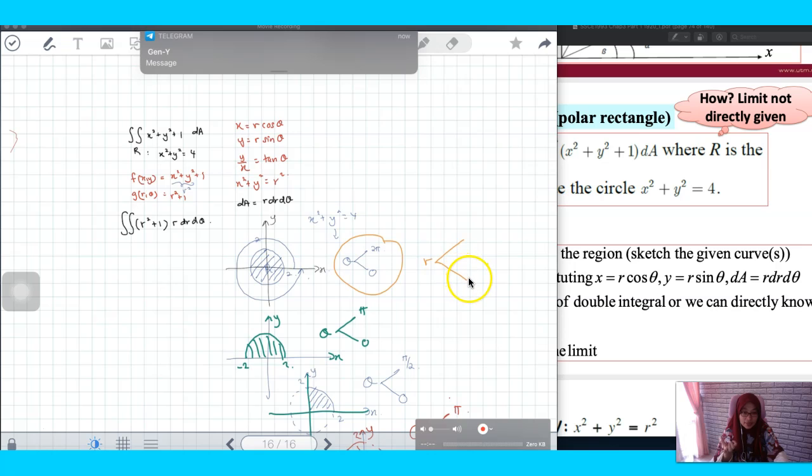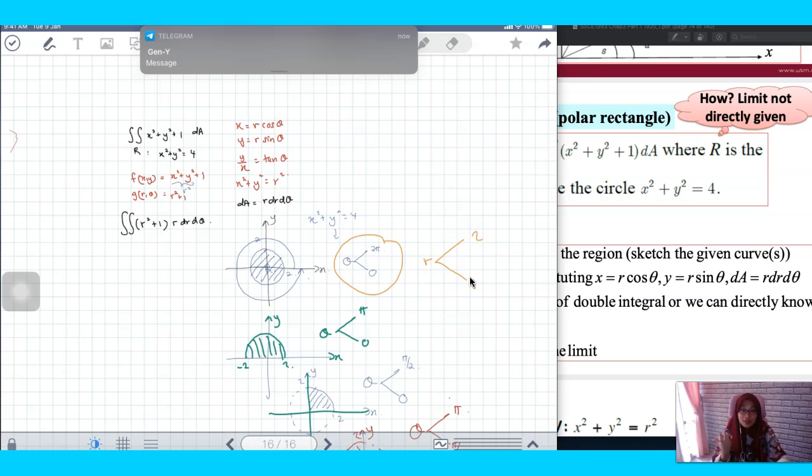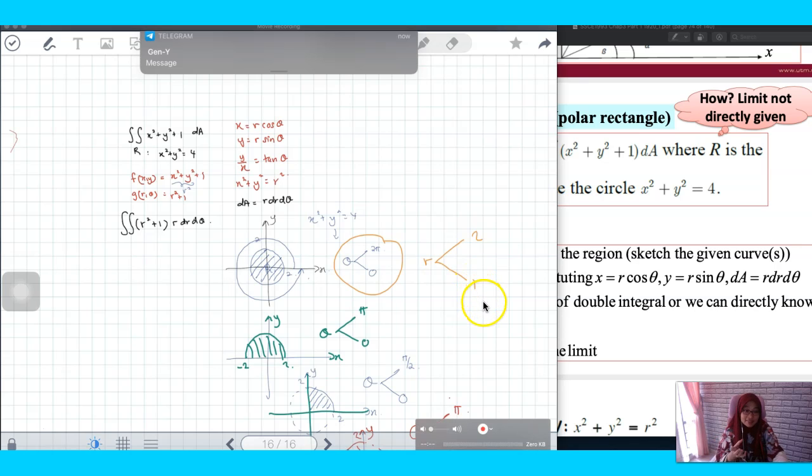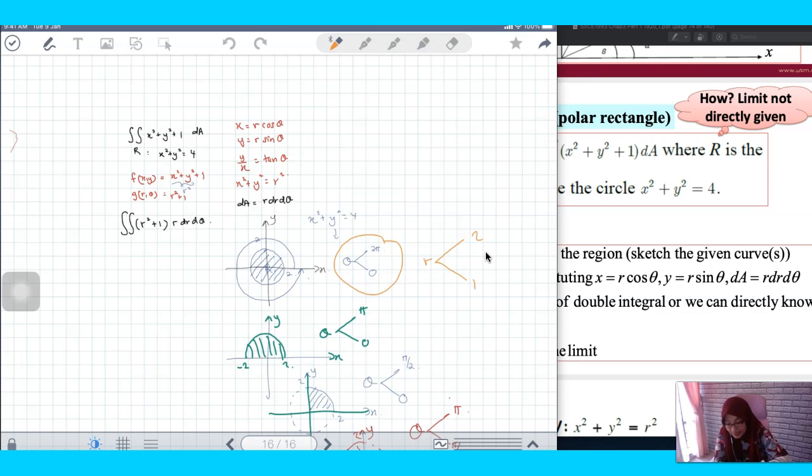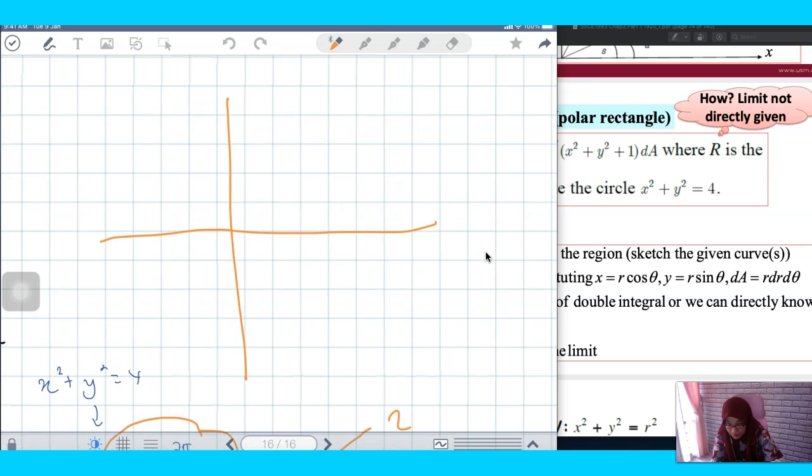Let's say I give you R is from 1 to 2. So you know that your region is lying between the circle with radius 1 and the circle with radius 2. Let's say I give you another example, just about the region, any random region.